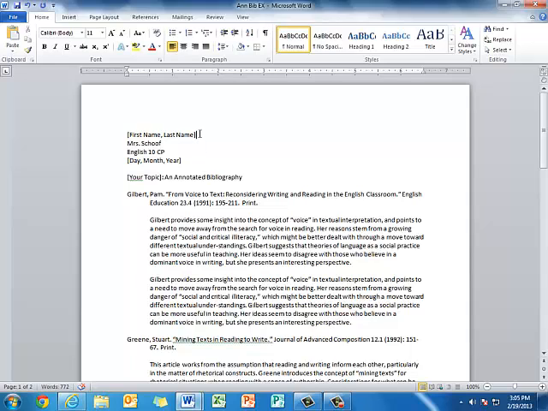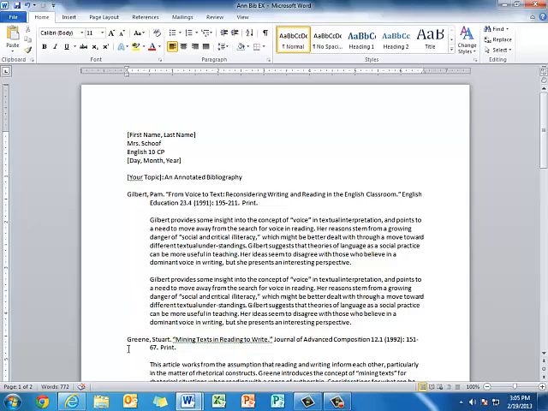All right, so once again, you include your name first in the upper left-hand corner, your teacher's name, the course, and then the date. And then your title should just be in the left-hand margin as well, aligned with the left-hand margin, and it should just be your topic and then a colon in an annotated bibliography. And this is what it's going to look like.